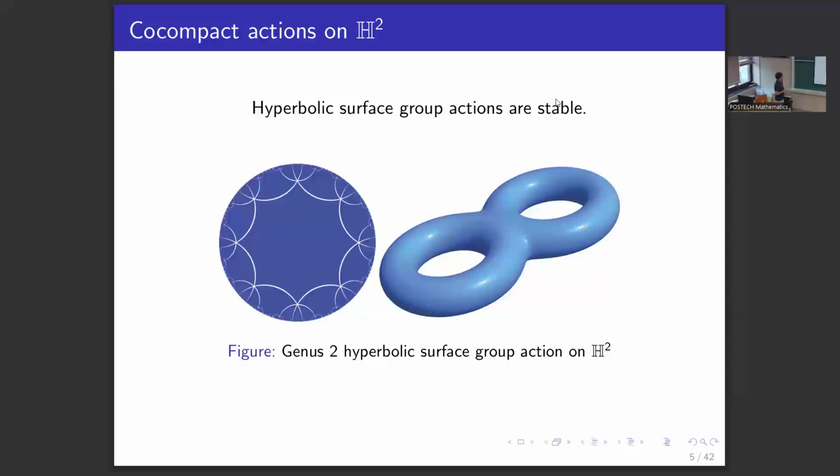Also, if you have a hyperbolic surface group action and you perturb it a little, then you again get a hyperbolic structure, I mean a hyperbolic surface group action. This is the basic example, which is stable.